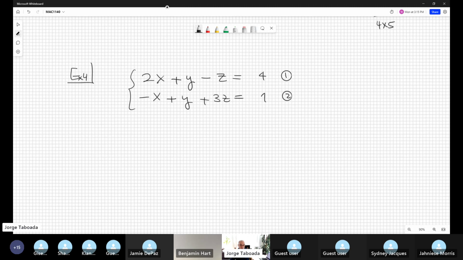My best is to put the matrix associated with that: 2, 1, negative 1, 4; negative 1, 1, 3, and 1. This matrix has dimension 2 by 4: 2 rows because you have 2 equations, and 4 columns.